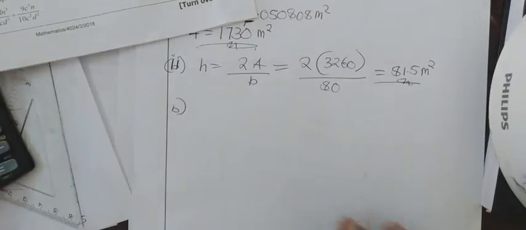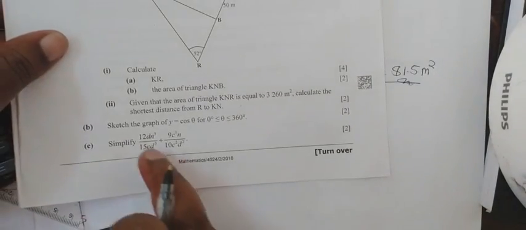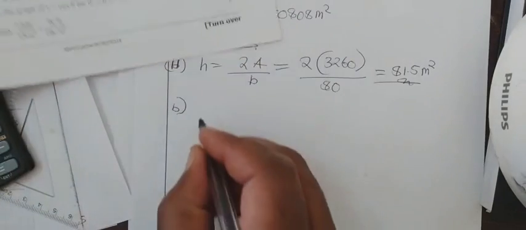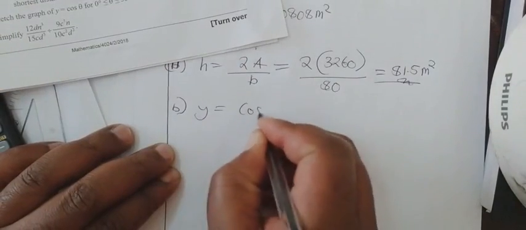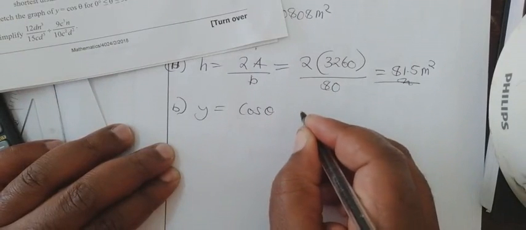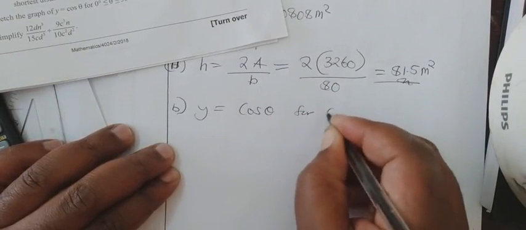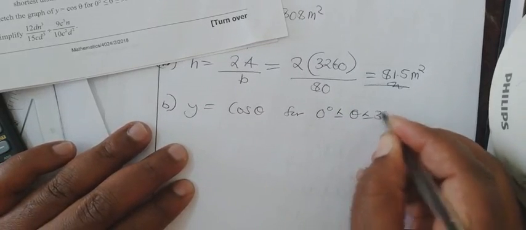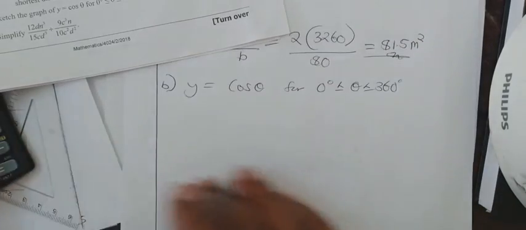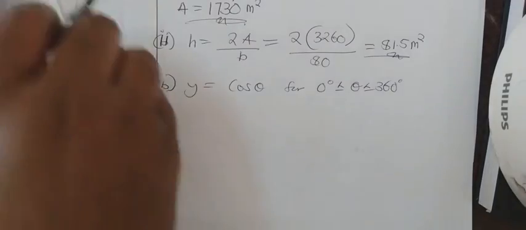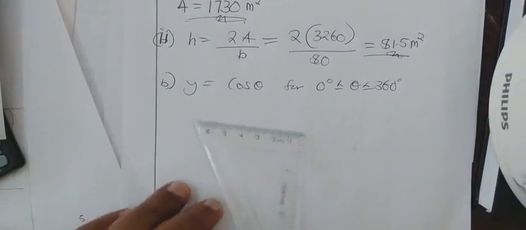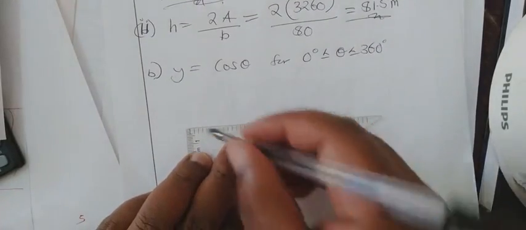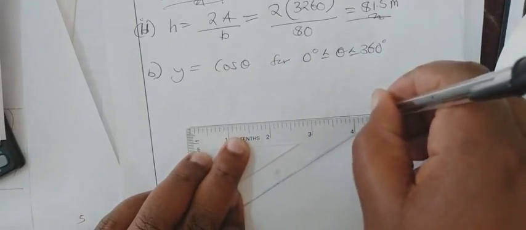Okay, what is B? Sketch the graph of y is equal to cos theta, for the range 0 degrees is less than or equal to theta, which is less than or equal to 360 degrees. So what we are going to do here is a diagram.